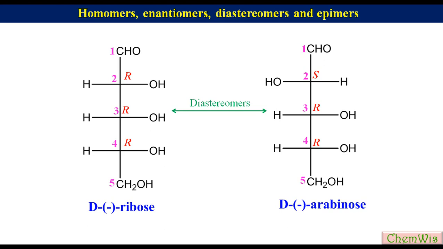Since configuration is different only at one chiral center, these are also called epimers, and more specifically C2 epimers, because configuration is different only at C2.